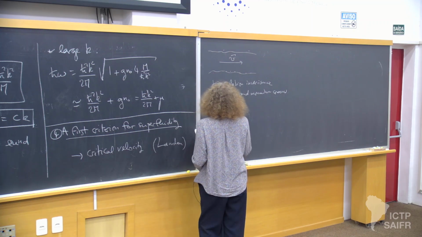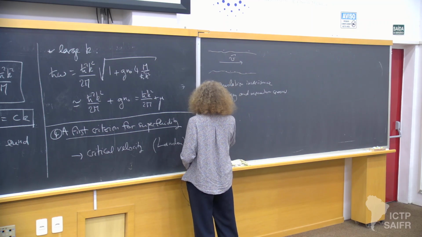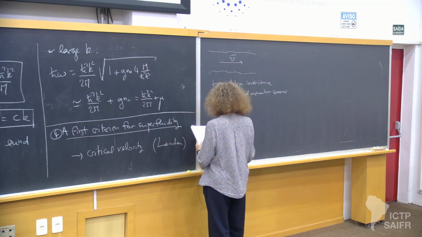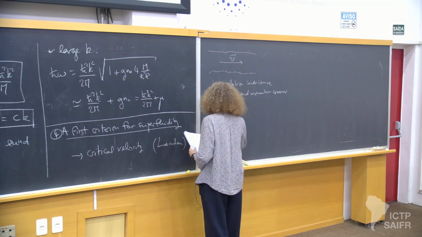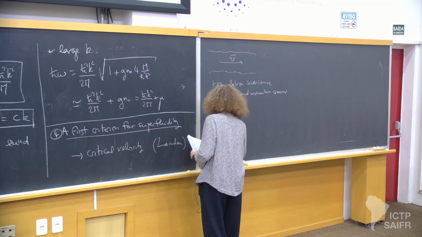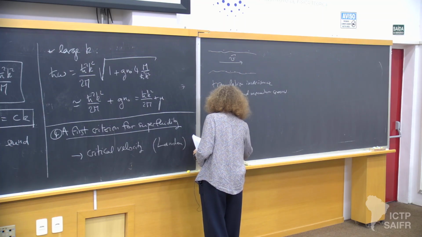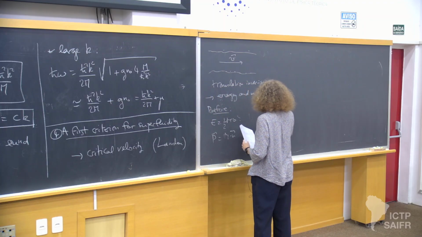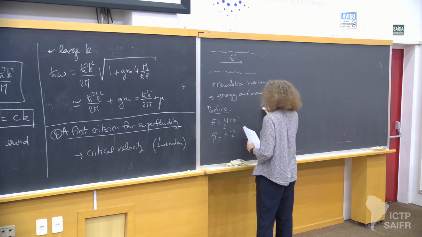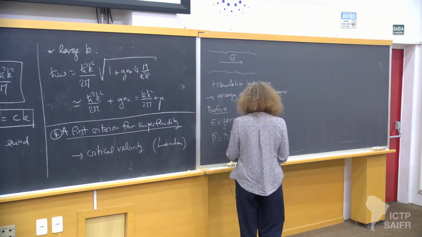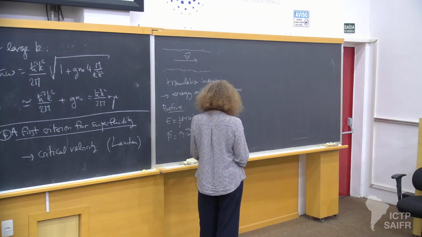So before the excitation of some particle, I have an energy which is 1/2 of mv squared and a momentum which is mv. And after, I need to create an excitation that will change the fluid velocity.